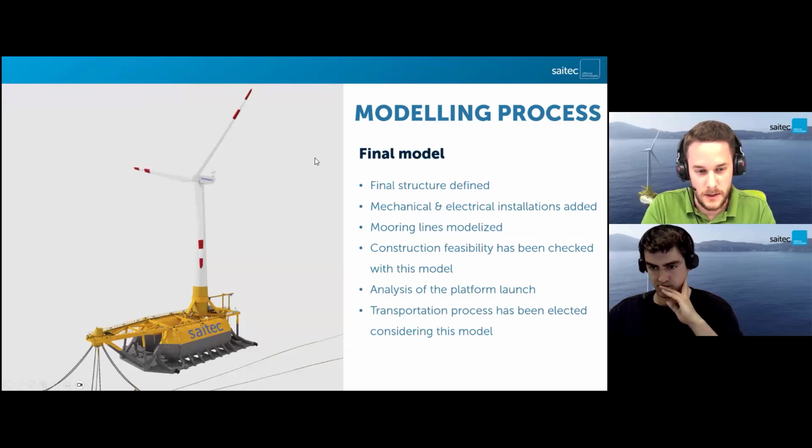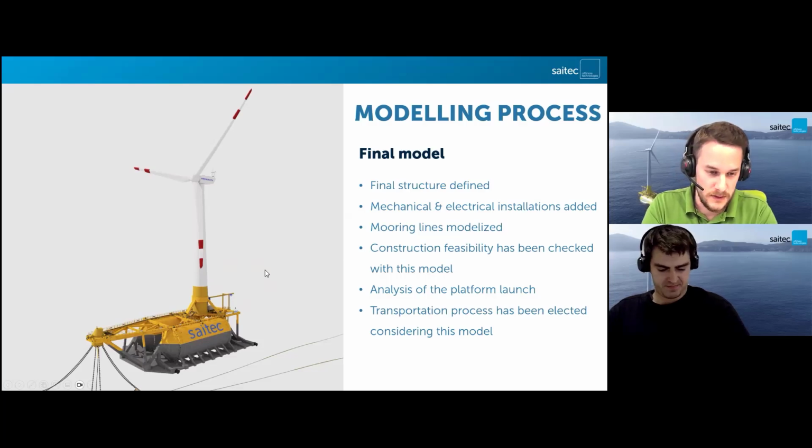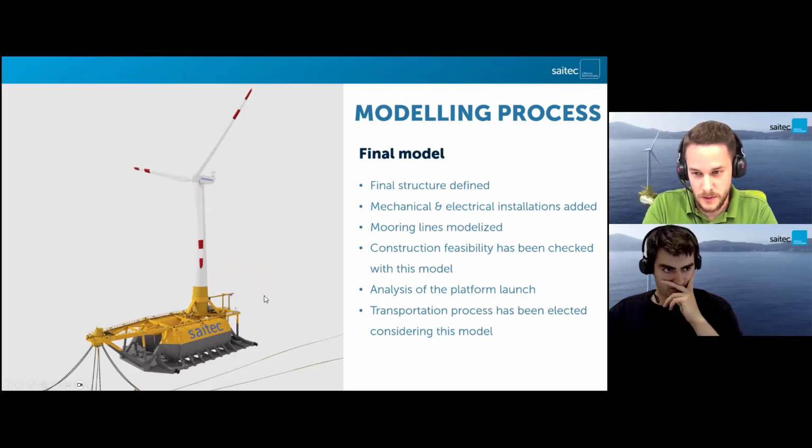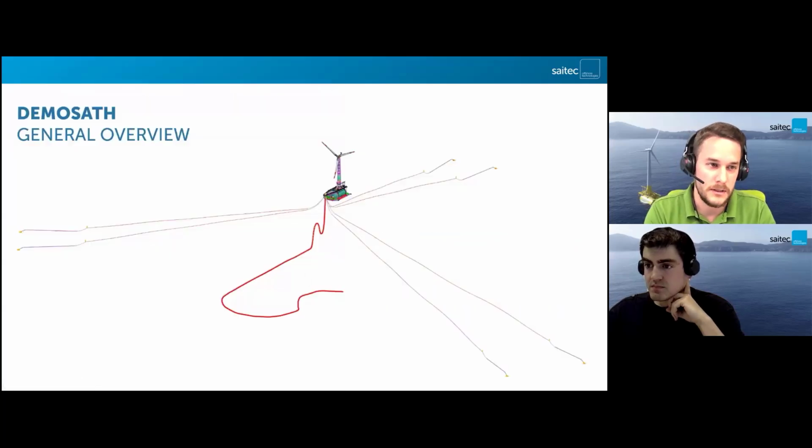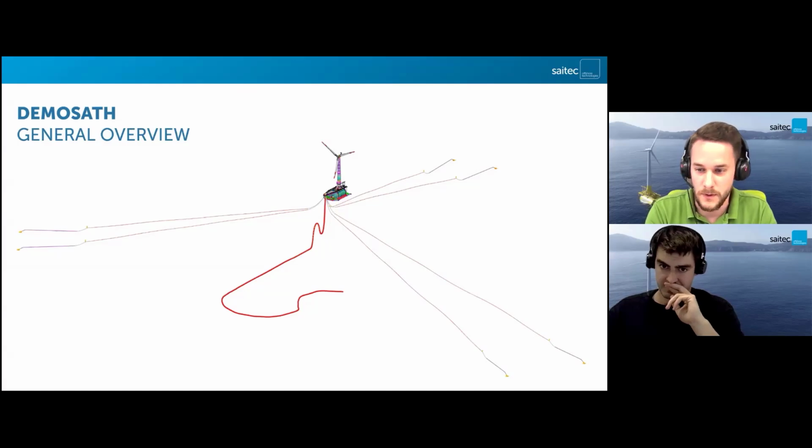In this final model, everything is defined. We have the concrete shapes, all the mechanical and electrical installations, such as the HVAC or the transformer. We have all the mooring lines, and we have checked with this model the feasibility of constructing this, and we have analyzed how to launch it from the dock to the water and how to transport it to the designated area.